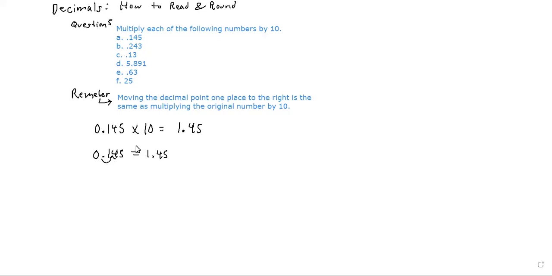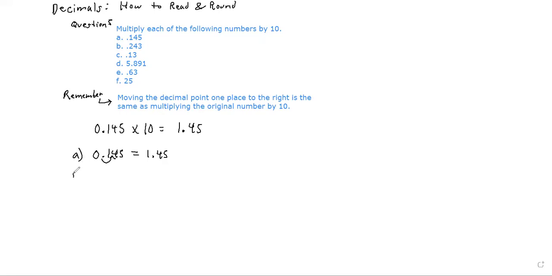That's the technique we're going to use here. We're just going to shift the decimal place one place to the right for each of those numbers, and we'll get the correct answer. You can always double check yourself by multiplying the number by 10 on the calculator. All right, so this is for A.